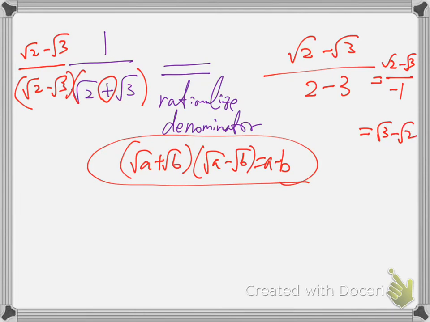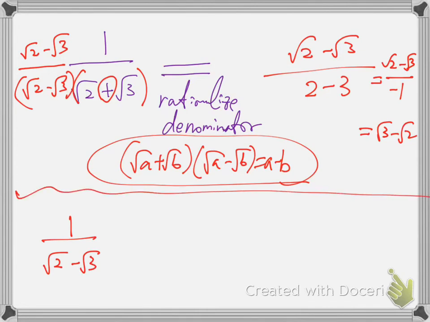So this is an easy question. Rationalize the denominator. Now let's suppose you are given the minus sign, radical 2 minus radical 3. A new example. How to change this denominator to a rational expression? We need its conjugate, so multiply by the plus.